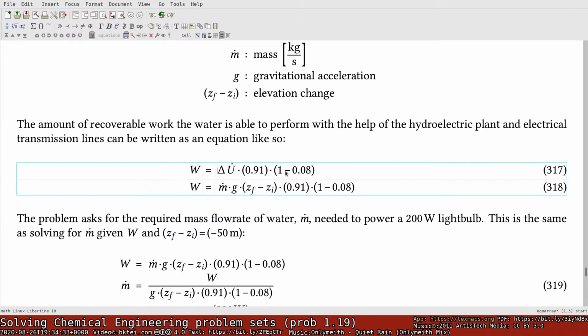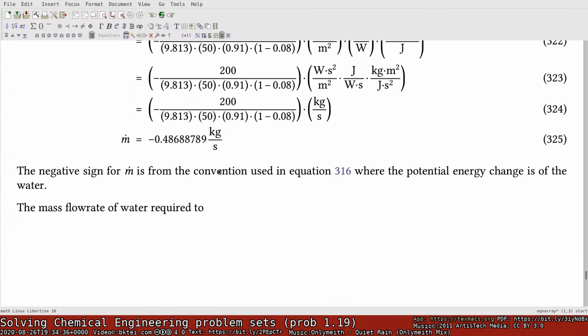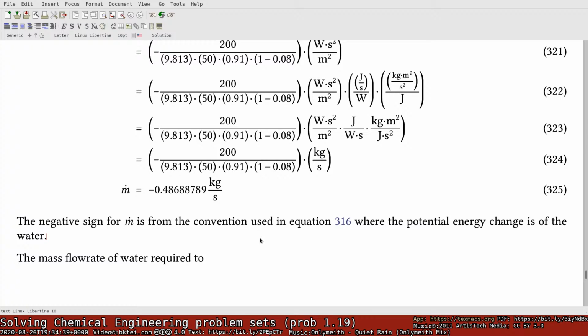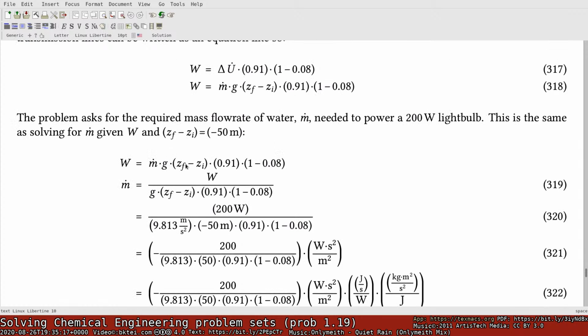No, let's just keep it. The negative sign for... is there a way to remove it?